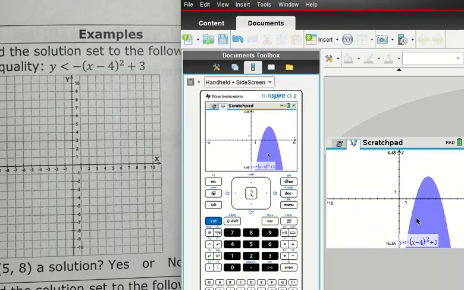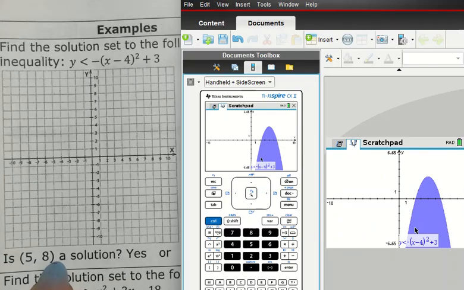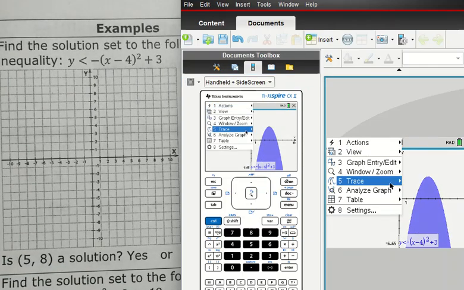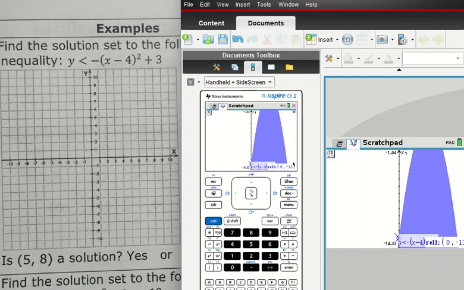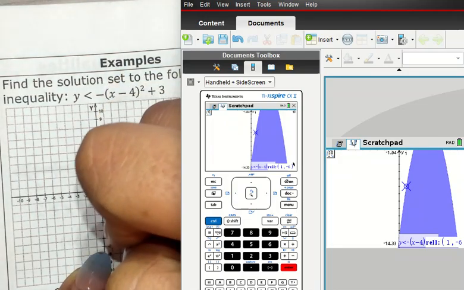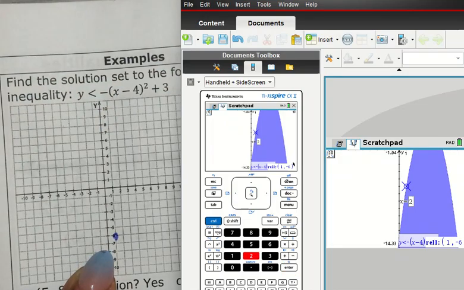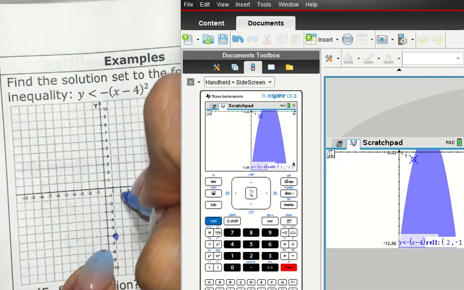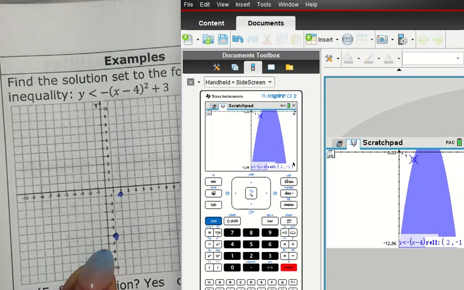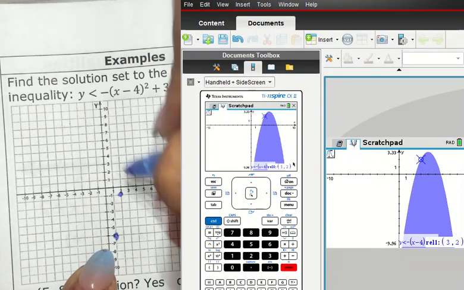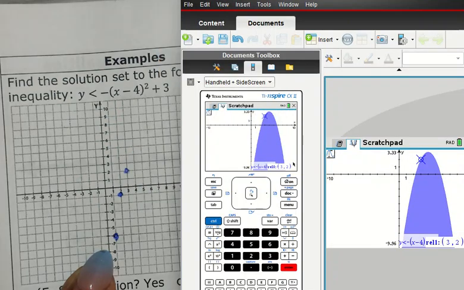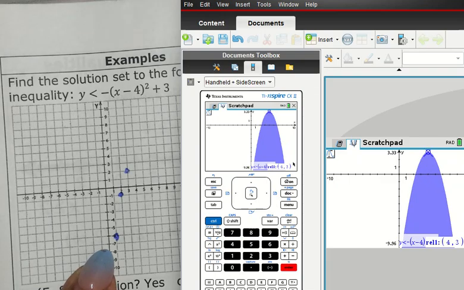So basically you want to put this on your paper, and the way we'll do that is by tracing the values, graph trace, and then typing 1, enter, and plotting those points. So 2, -1; 3, enter, so 3, 2; 4, enter, 4, 3.